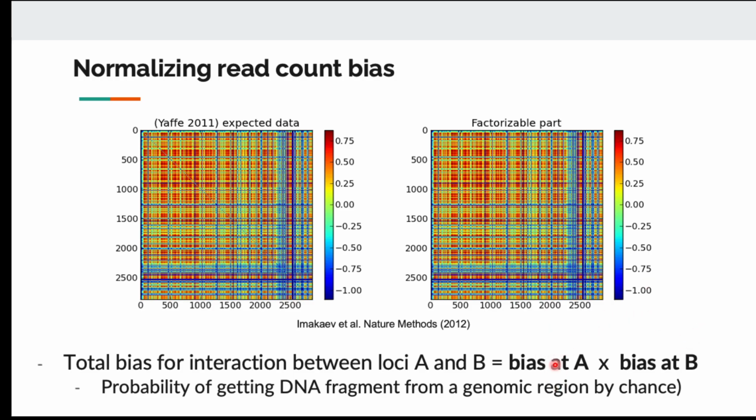Let's say you have twice the chance of getting a read from locus A and 3 times the chance of getting a read from locus B. Together you expect to be 6 times more likely to get a read pair, one coming from A, one coming from B. So we can model this bias as a simple product of the biases for the individual DNA loci.